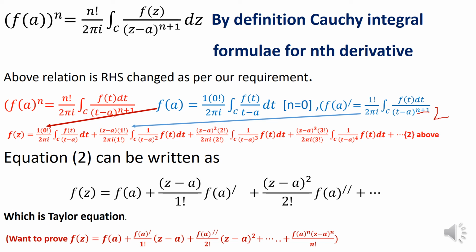This was extra, I am writing as such. You can see here also from this side, right? (z minus a) as such, f'(a) extra, that I am writing, and the other part is f'(a) plus (z minus a) whole square by 2 factorial f''(a), right? That's all. So this is the Taylor theorem. You can compare this. I wanted to prove this, we have done, right? So this was the article.